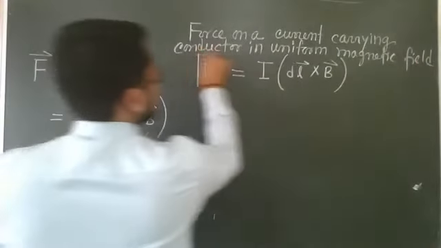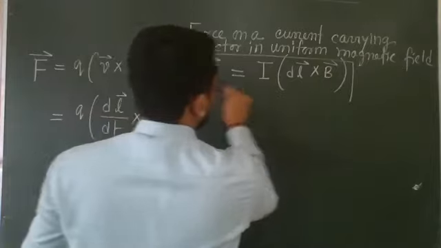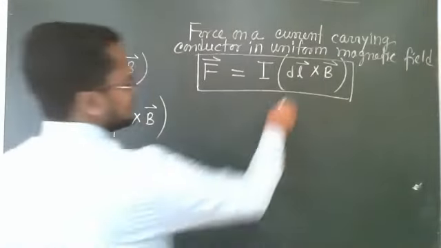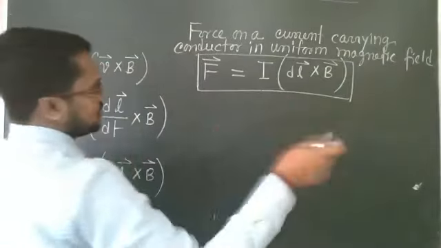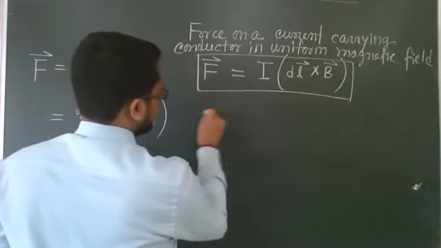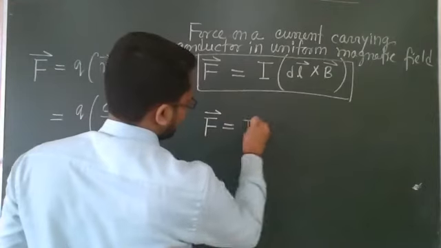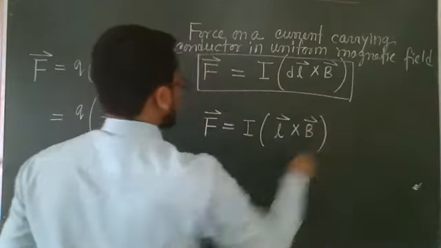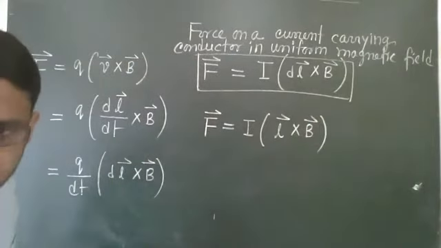This is the formula: I dl cross B. Now if you integrate dl, you will get the total length. Then it will be F = I L cross B.